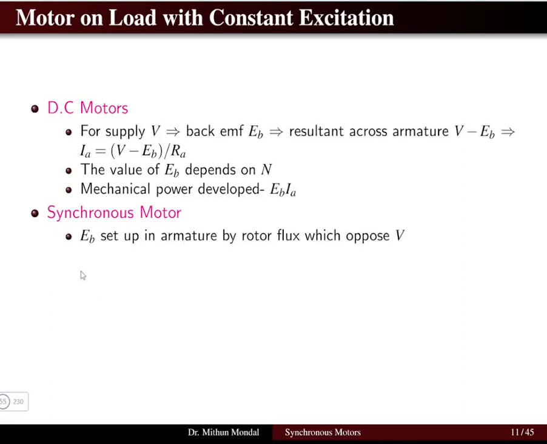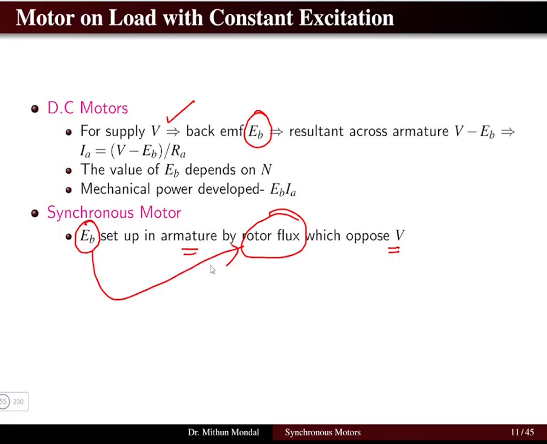The first difference is that the back EMF, which is set up in the armature, is set up by the rotor flux and it opposes the voltage. In the DC motor the back EMF is set up by the supply voltage, however here the back EMF is set up by the rotor flux.